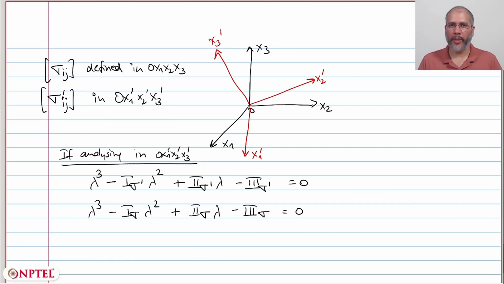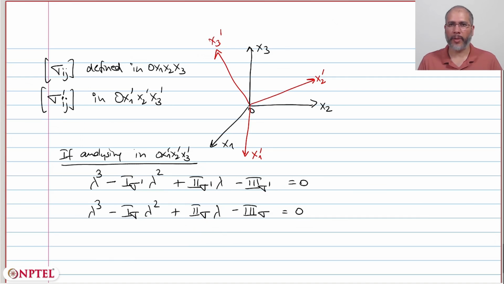So the eigenvalues, the 3 lambdas I get in the prime coordinate system will be the same as the lambdas I had obtained in the base coordinate system. Of course, it's the same physical quantity sigma that we're talking about, although when you work in a rotated coordinate system, the components of the sigma will be different.